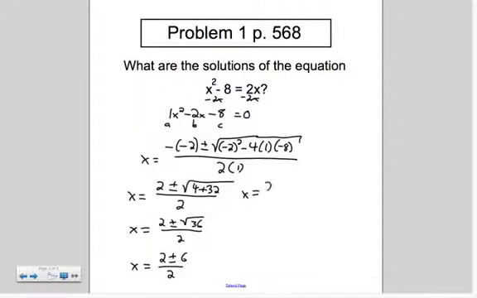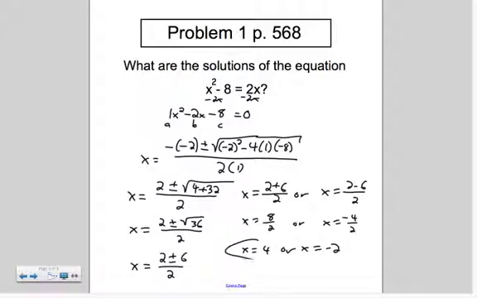So x equals 2 plus 6 divided by 2, or x equals 2 minus 6 divided by 2. So x equals 2 plus 6 is 8, or x equals 2 minus 6, that's negative 4 divided by 2. So x equals 4, or x equals negative 2.